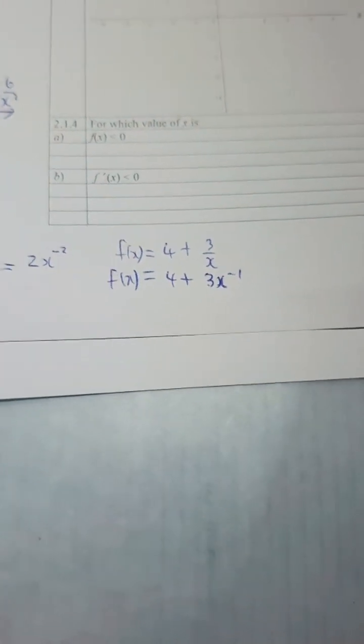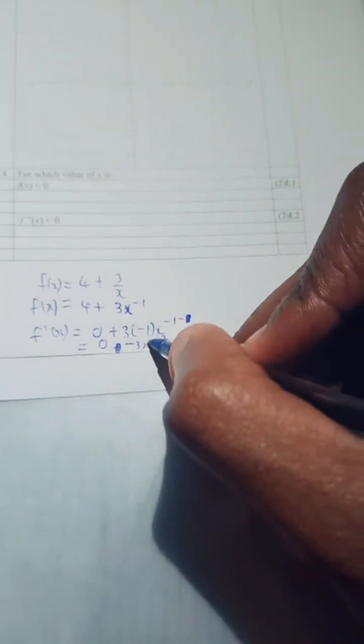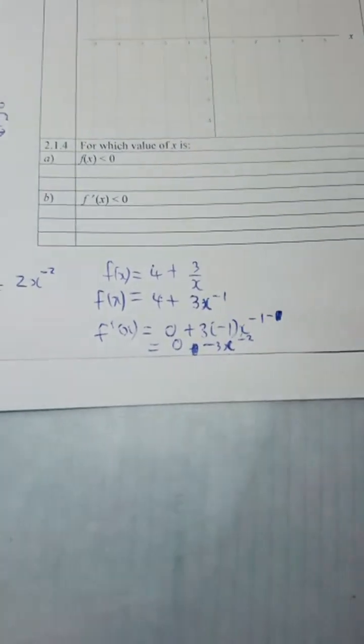Now we are truly ready to do what? To differentiate. So we say f prime x. Derive the constant, it's 0. Derive this, it's 3 times negative 1, x to the power negative 1 minus 1. Then we get 0 minus 3x to the power negative 2, and obviously we don't need that 0 anymore.